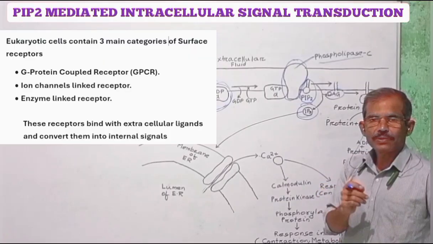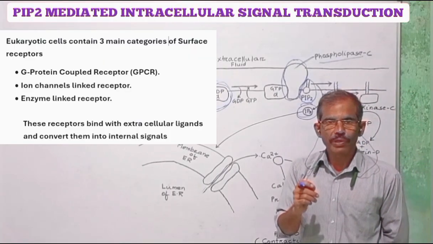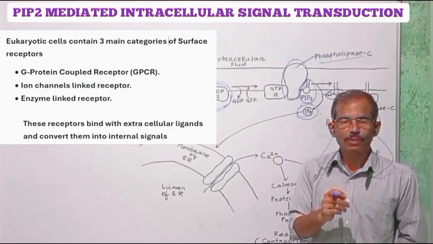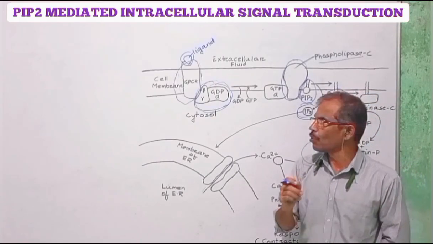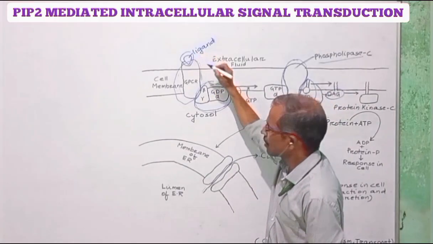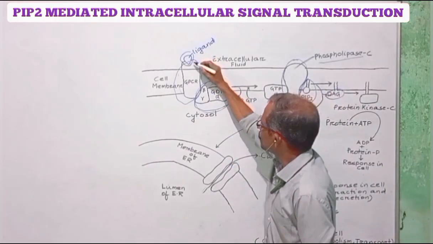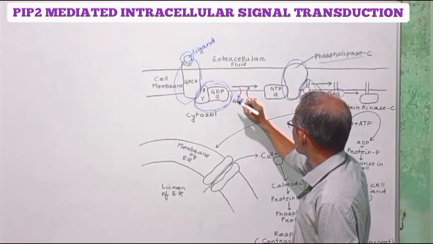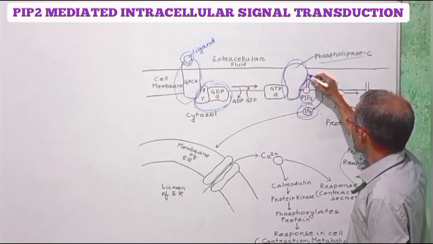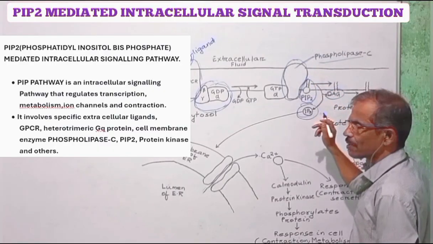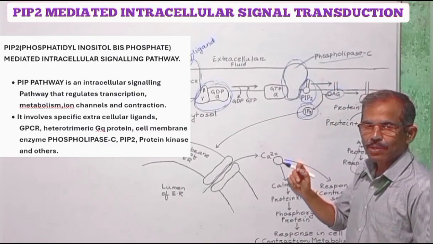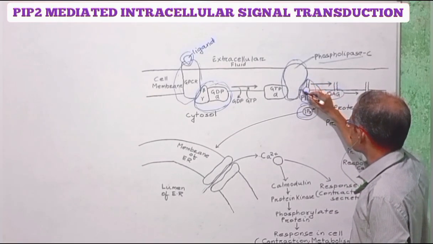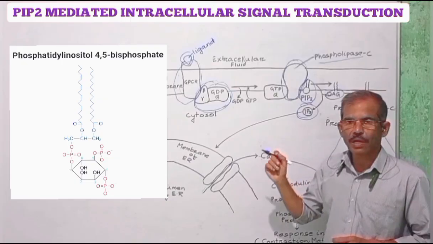PIP2 mediated intracellular signaling pathway, also known as PIP2 mediated intracellular signal transduction, involves a specific extracellular ligand, G protein coupled receptor, heterotrimeric G protein, a cell membrane enzyme known as phospholipase C, and a minor cell membrane phospholipid component, that is phosphatidylinositol bisphosphate or PIP2.